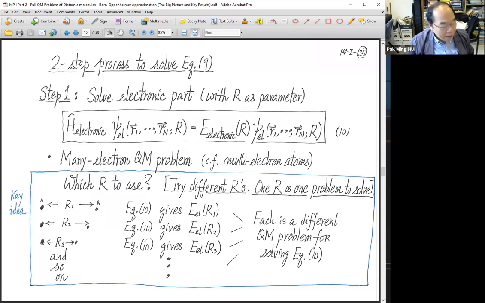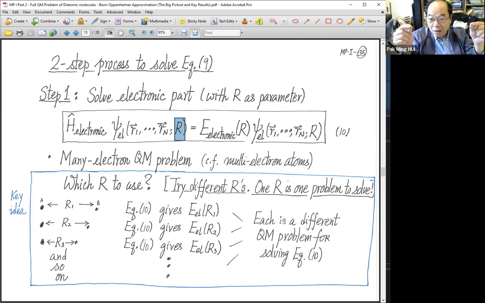So let me take you through the whole Born-Oppenheimer thinking. We have this electronic problem to solve. Then I would like to remind you which R to use. We are saying we fix the separation of the two nuclei.